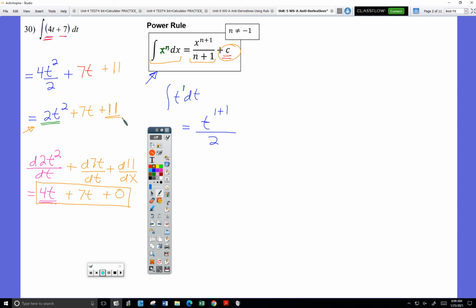So remember, the idea is, right here, if I take the derivative of this formula, I'm going to get a new formula right here. Oops, my bad. I'm going around in circles. If I take the derivative of this, I'm going to get this.